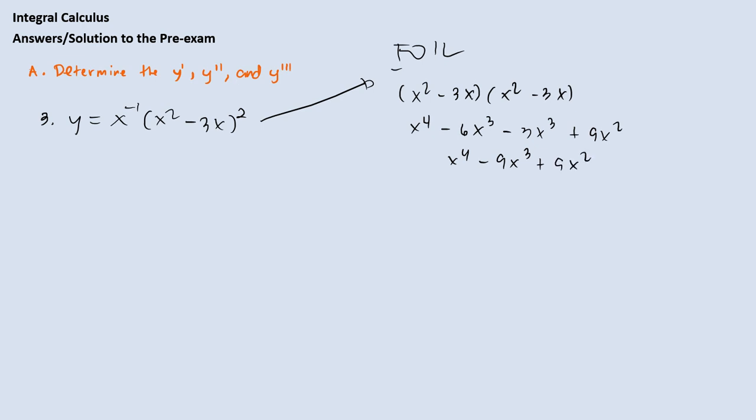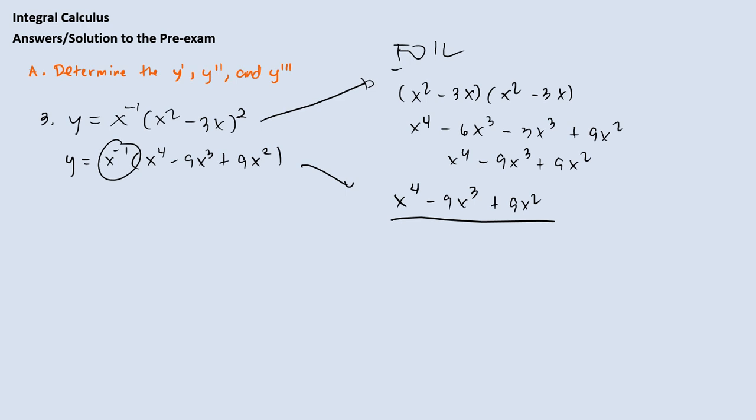So this becomes y equals x minus 1 times x to the fourth minus 9x cubed plus 9x squared. Remember, you have a negative exponent here. You can either simplify or distribute this inside, but again, we'll do the algebra way first.